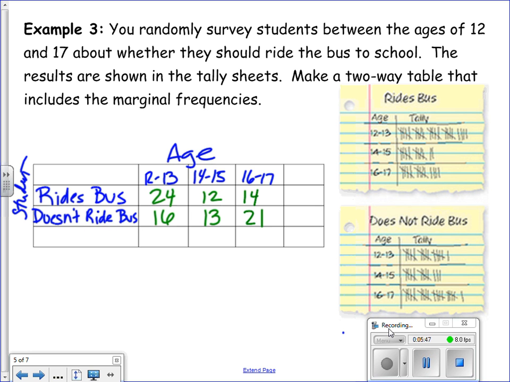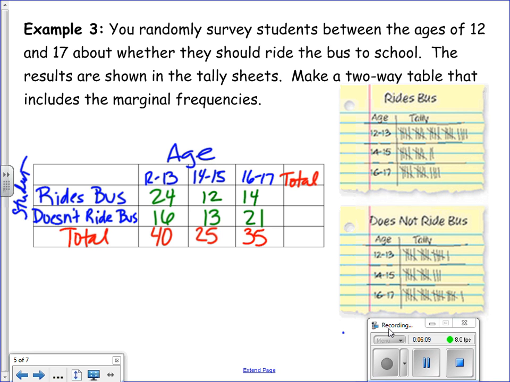And now we need the totals. These are our marginal frequencies. So 24 plus 16 is 40. 12 plus 13 is 25. And 16 to 17 is 35.